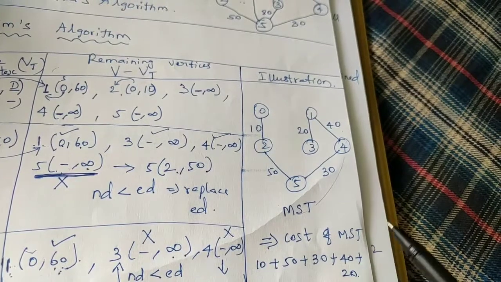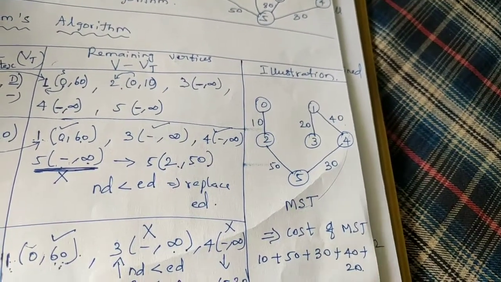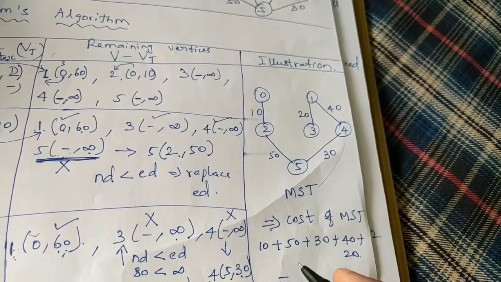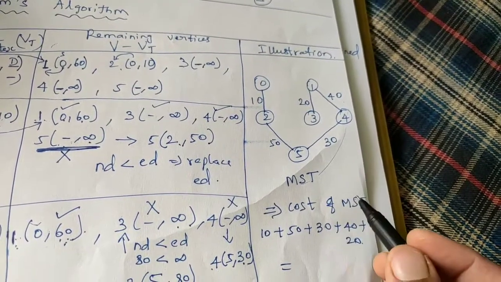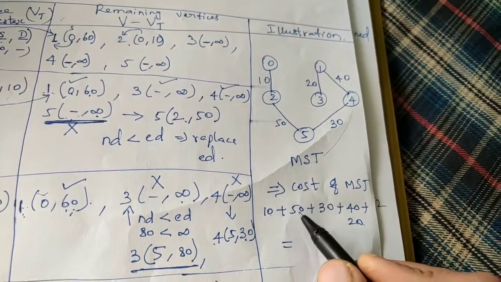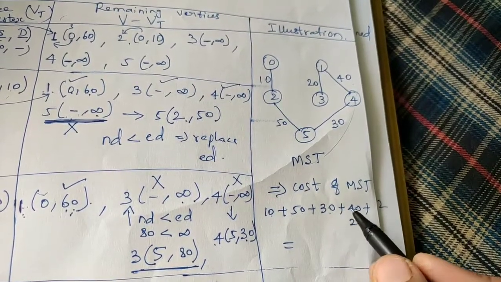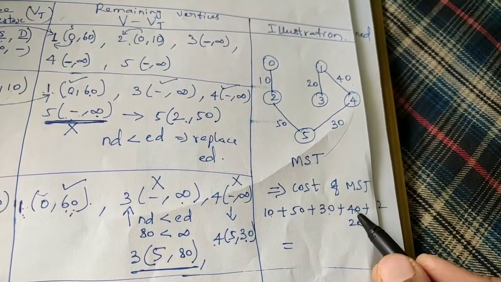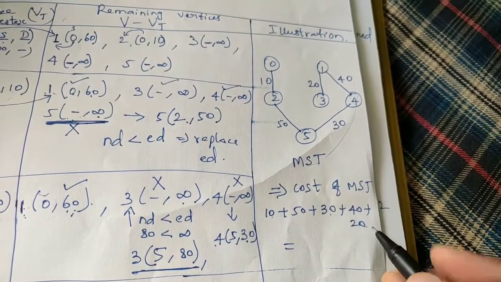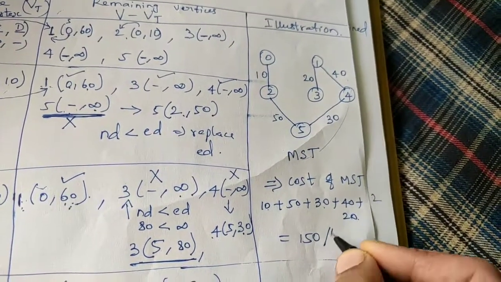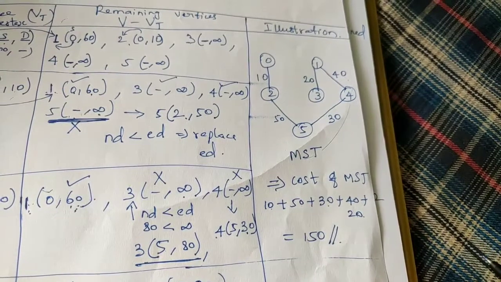So add all these edge weights, you will get the cost of a minimum spanning tree. So 10 plus 50, 60, 60 plus 30, 90, 90 plus 40, 130, and 130 plus 20, 150 will be the cost of your minimum spanning tree.